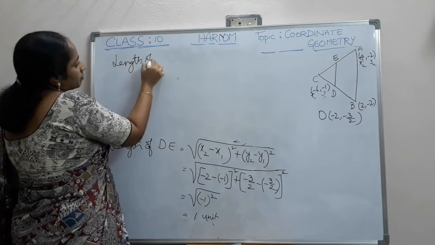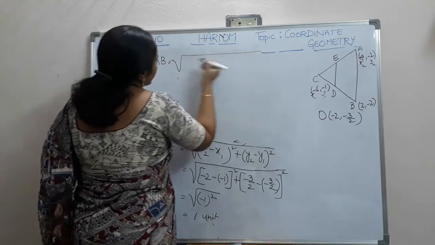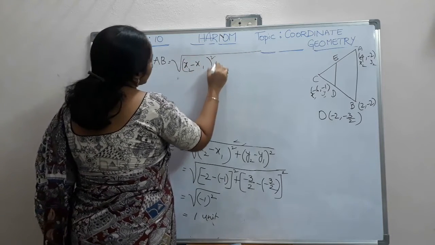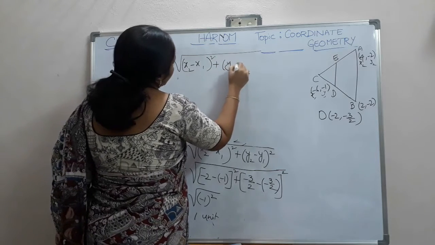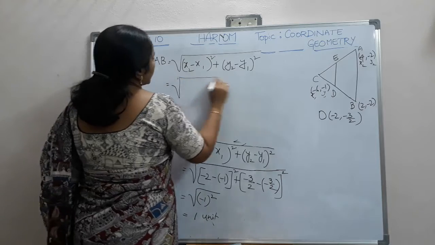Length of AB is again the square root of (x2 minus x1) whole square plus (y2 minus y1) whole square.